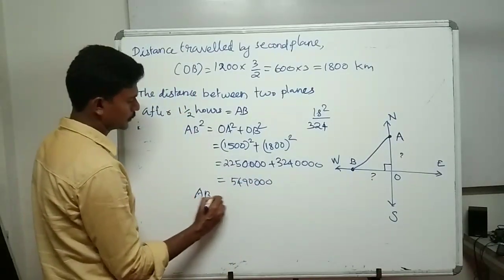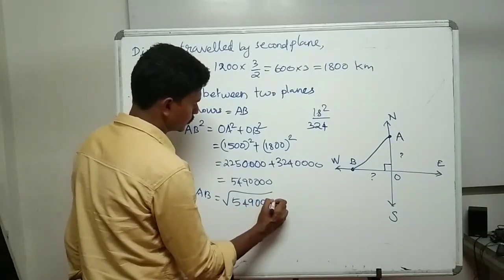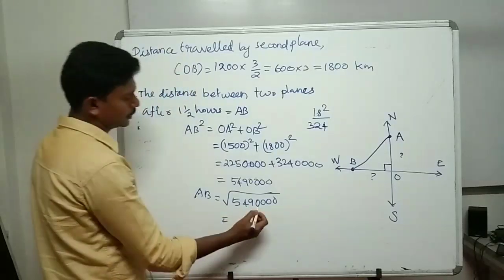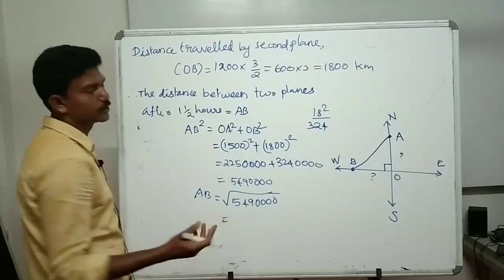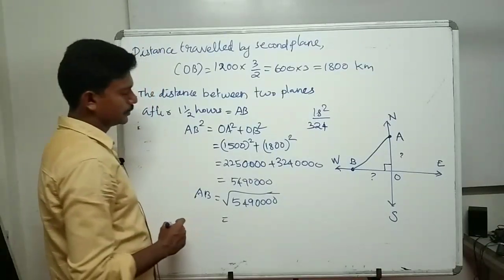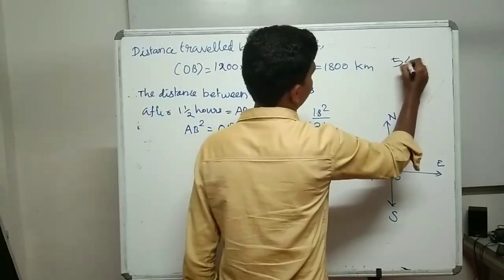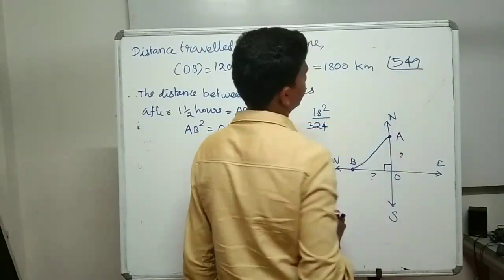So AB is equal to the square root of 549 with 4 zeros. When we take the root, 2 zeros come outside. Then 549 we can factorize.